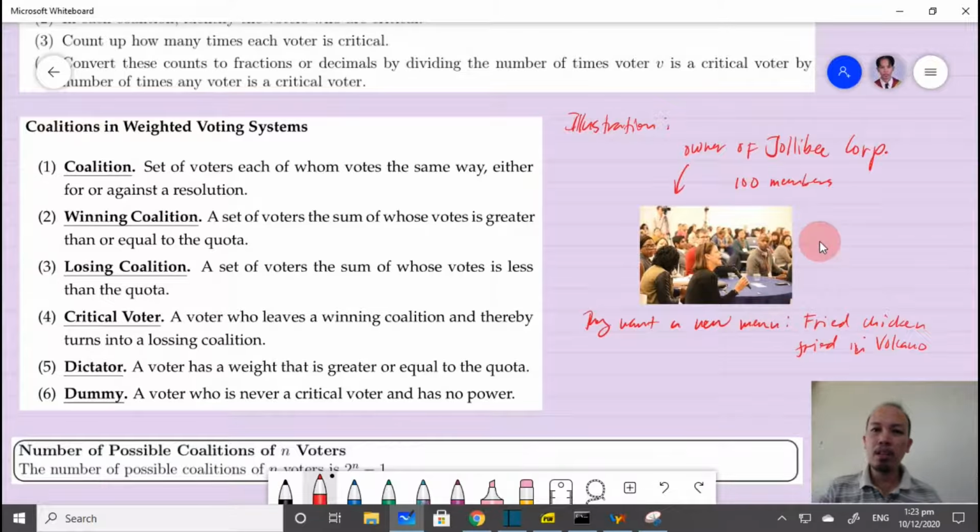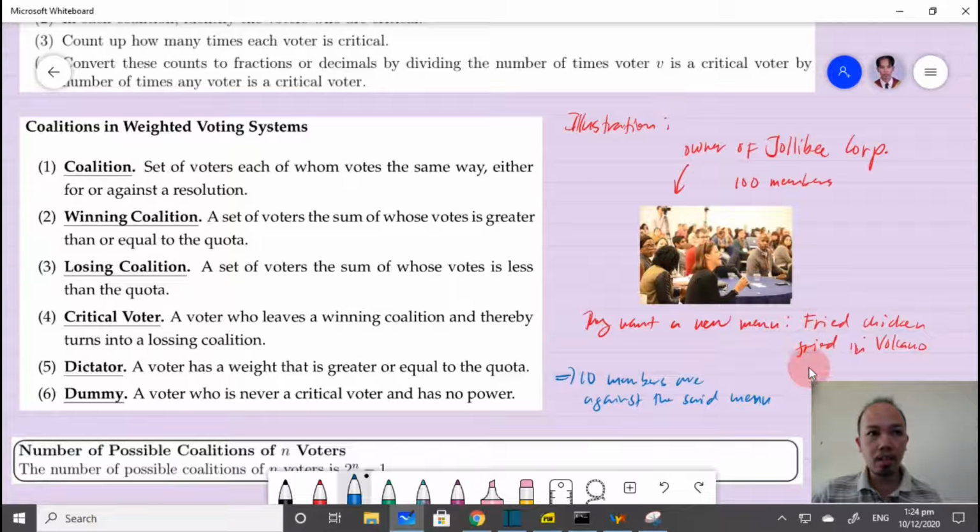Suppose we have 10 members here who are against the said menu. So these 10 members form a coalition because they are against the said menu.